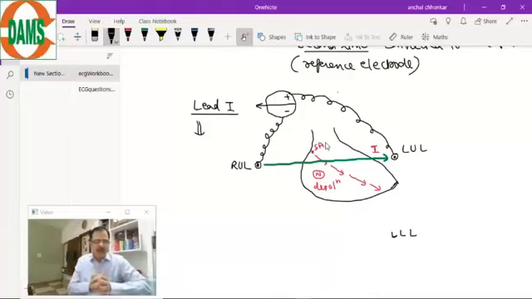Okay, I will repeat it once again. The heart is in the center. This is the right upper limb. This is the left upper limb, and this is the left lower leg.